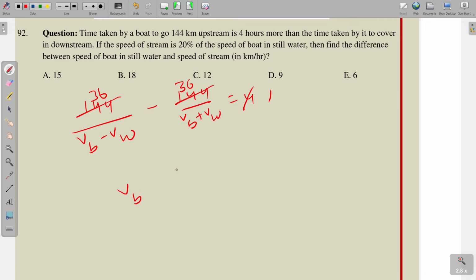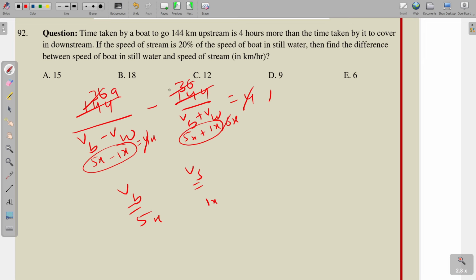If the stream is 20%, if the boat is 5x, the stream is 1x. So 5x minus 1x is 4x, 5x plus 1x is 6x. 4 cancels, it is 9 times, 6 cancels, it is 6 times.